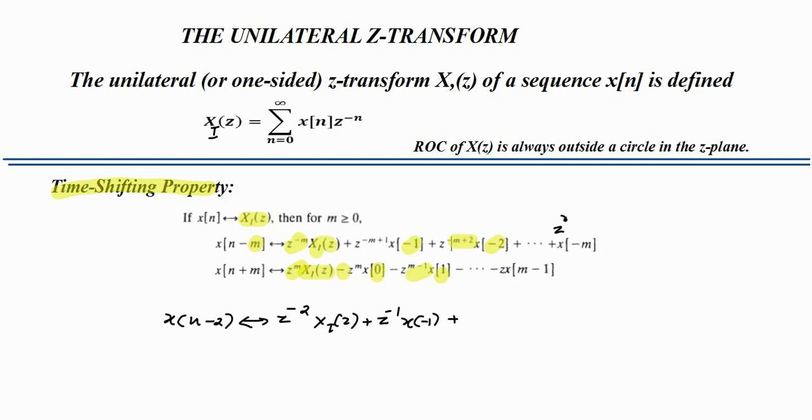Z raised to 0 into x of minus 2. Okay, that's the meaning of x of n minus m, how we can evaluate the one-sided z transform by applying the time shifting property.